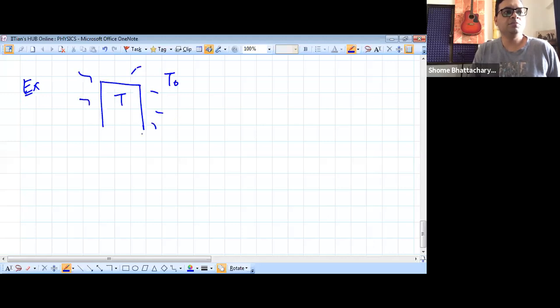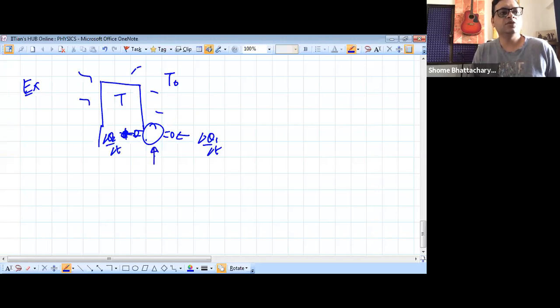But there is a heat pump which supplies heat from the outside. Let's say it is absorbing heat at the rate of delta Q1 by delta T. It's supplying heat at the rate of delta Q2 by delta T, because it's absorbing a certain amount of power.